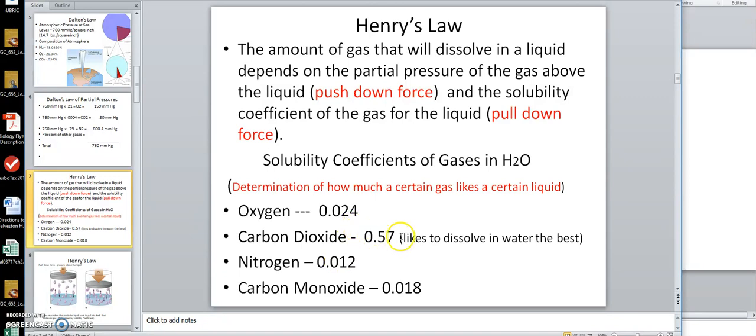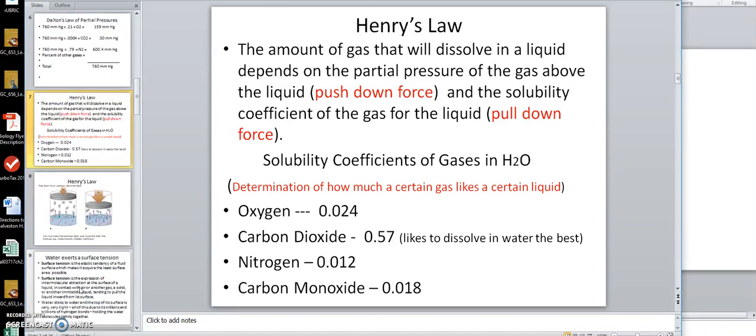That's why there's not a lot of nitrogen in the blood, because water doesn't like to dissolve it that much. So Henry's law says, basically, the amount of gas that will dissolve in a liquid depends on how hard the gas is pushing down, and how good that liquid is at pulling it in. So that's how much it will dissolve. Okay? So I want you to study that.